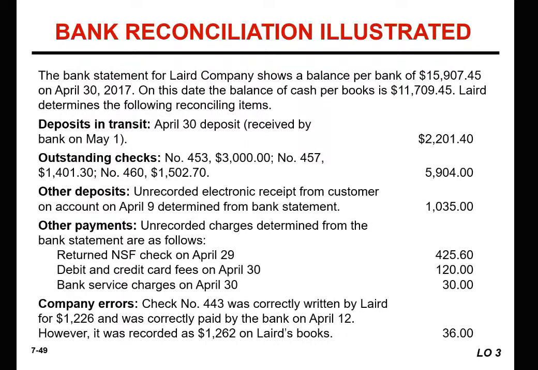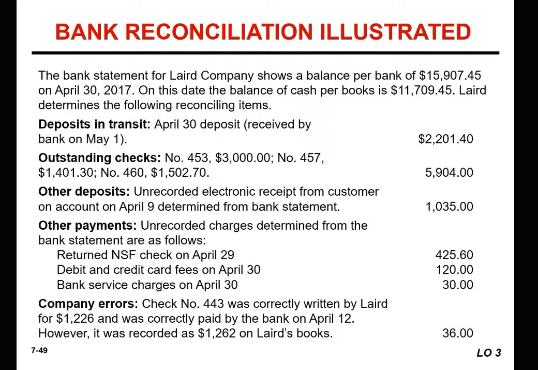So they have the following reconciling items. There are deposits in transit. There's an April 30th deposit that was received by the bank on May 1st of $2,201.40. So this means that in the company books, it says April 30th. The bank reports will say May 1st.